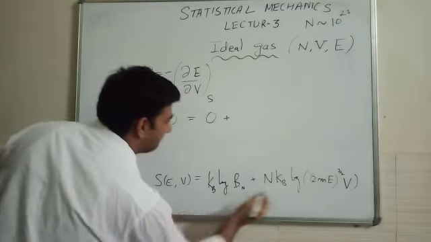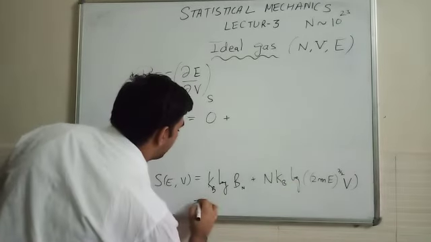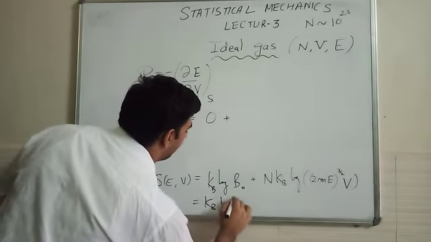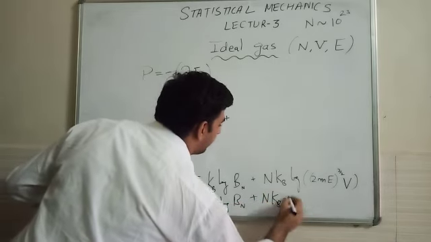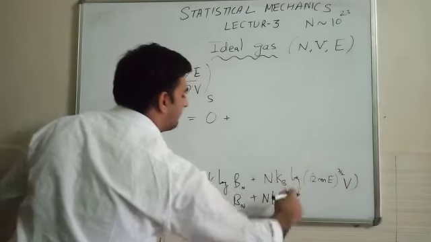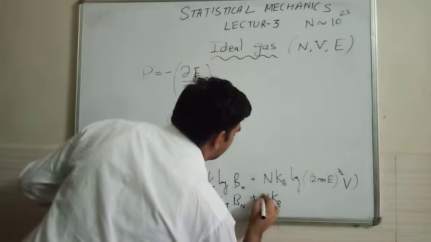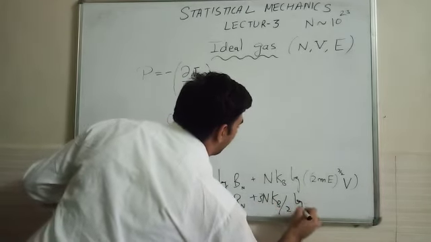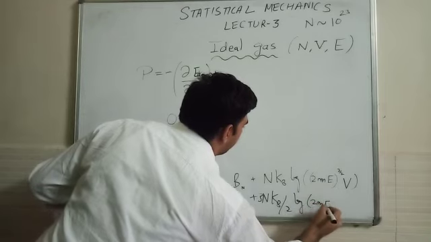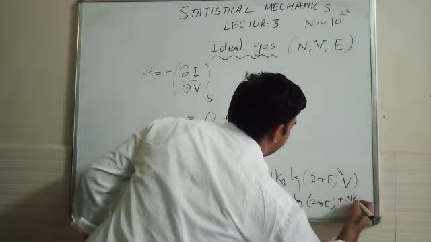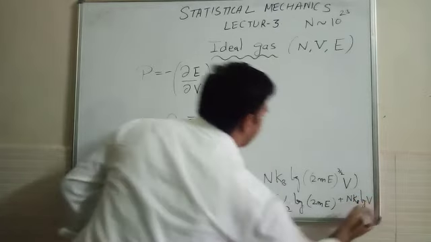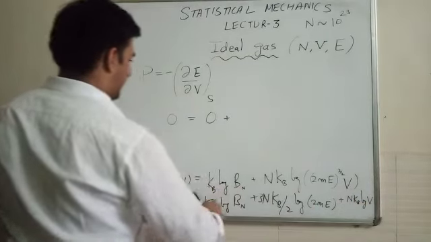Let's write this equation a little more simply: kB log Bn plus 3/2 n kB log 2mE plus n kB log V. Now let's differentiate it.